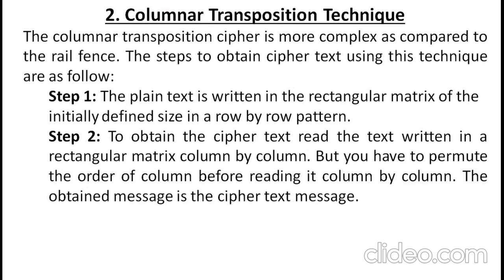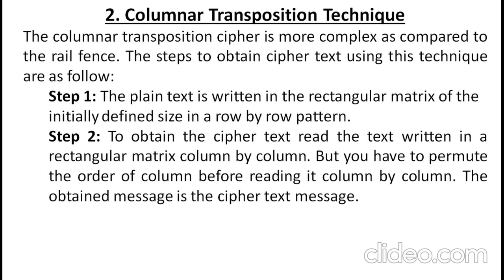Coming to the second technique, the columnar transposition technique. In columnar transposition, the cipher is more complex compared to rail fence. The steps to obtain the ciphertext are: first, the plain text is written in a rectangular matrix of an initially defined size in a row by row pattern. So we need to define a rectangular matrix, 4 by 4, 5 by 4, or 5 by 5.